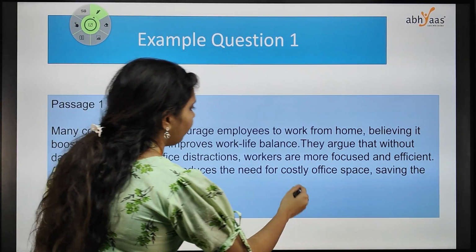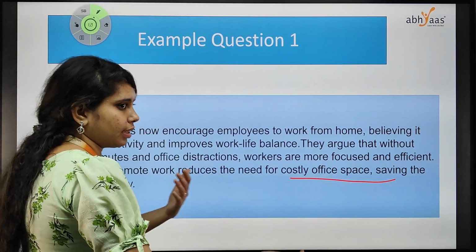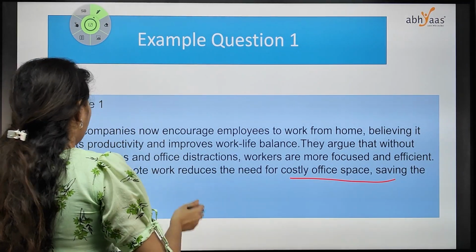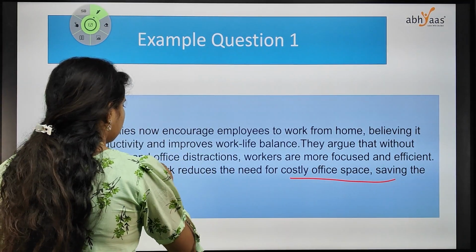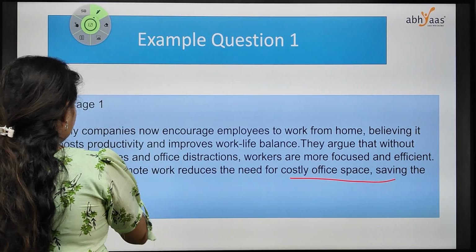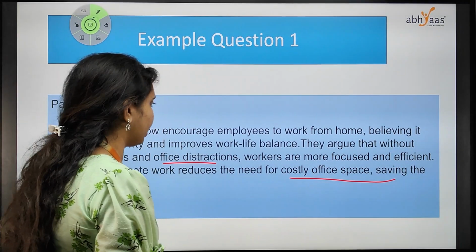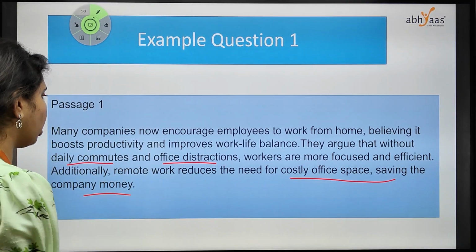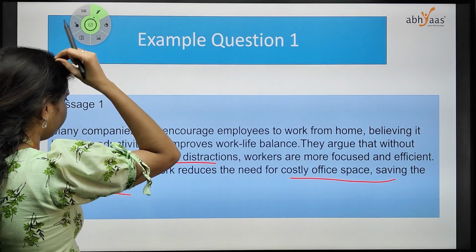Benefits the company by saving the space, saving the company money, electricity, water bill, something like that. And also, it would benefit the employees because of the travel, one is daily commute and also office distractions like chit chat or something like that. So the passage argues that work from home actually increases the productivity of the company.